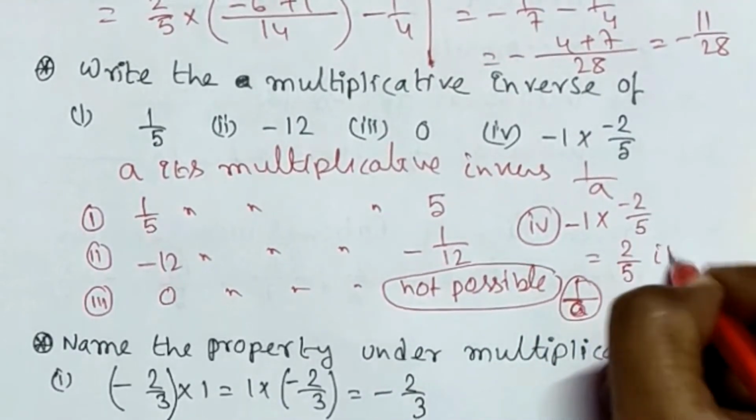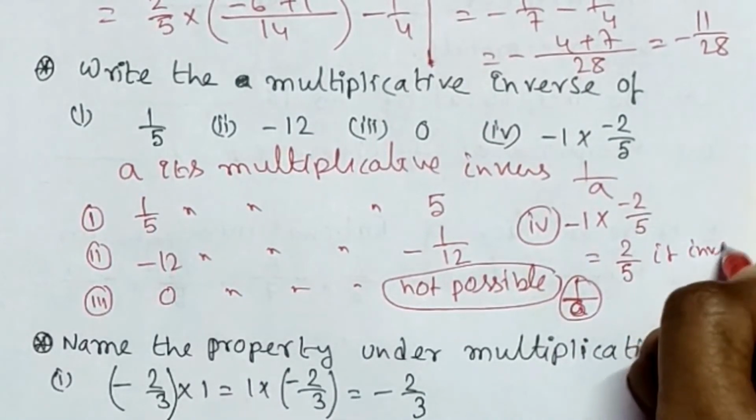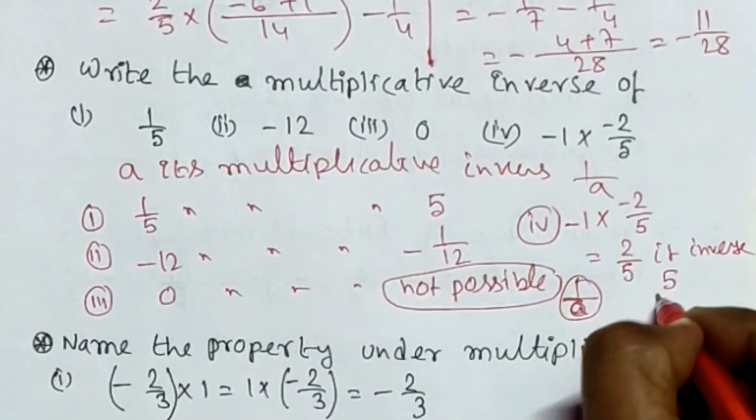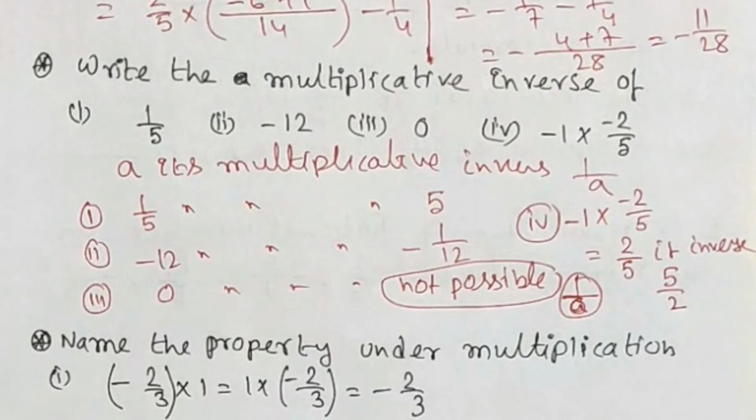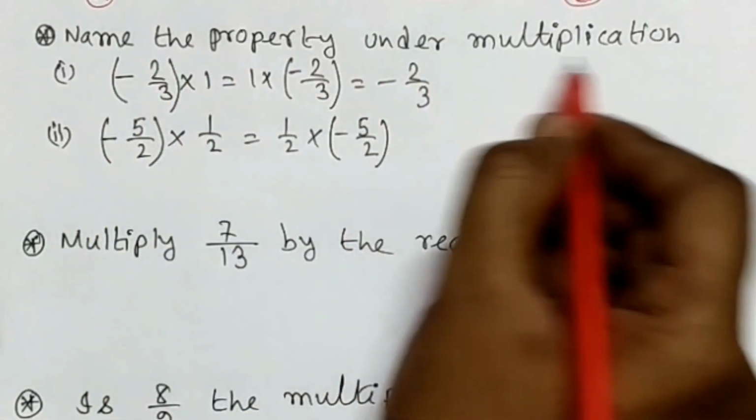So its inverse will be 5 by 2. Okay, just take the reciprocal of a number for multiplicative inverse. Remember, for additive inverse we have to take the negative of the number, and for multiplicative inverse we have to take its reciprocal. Clear?